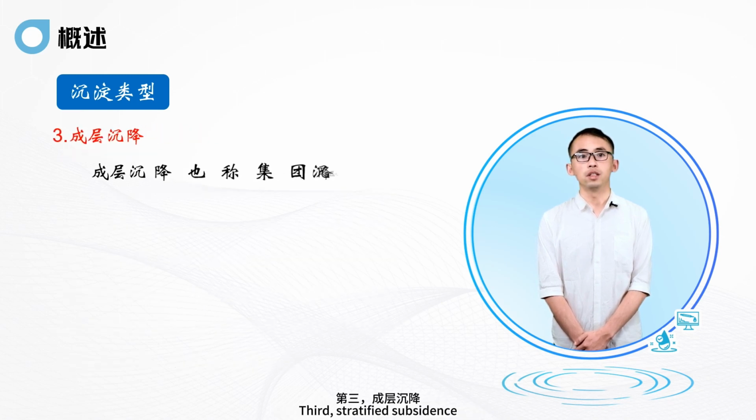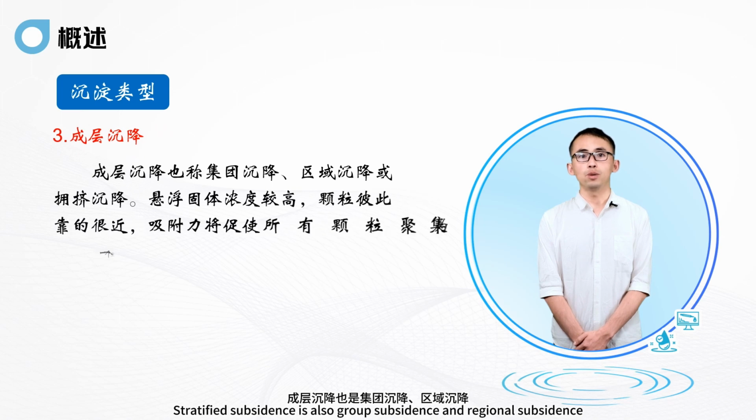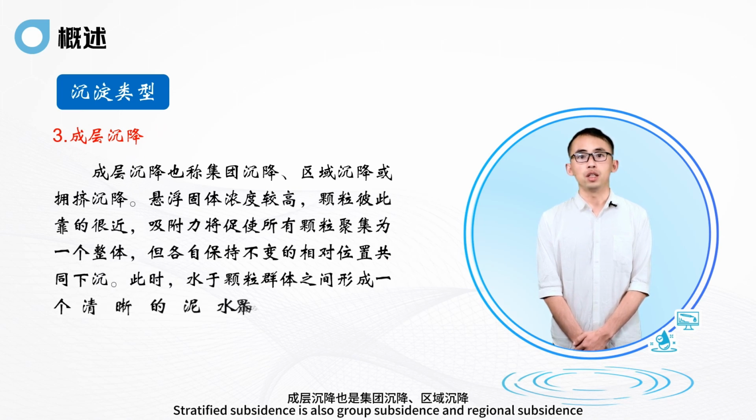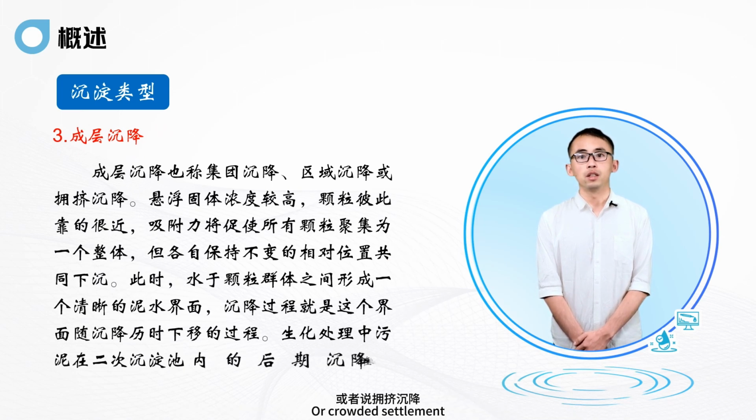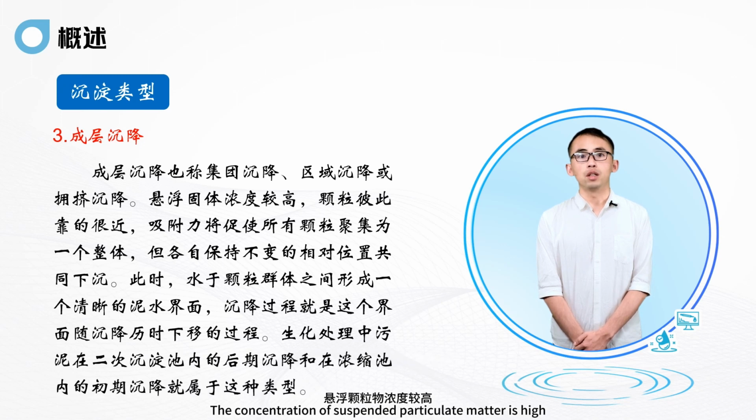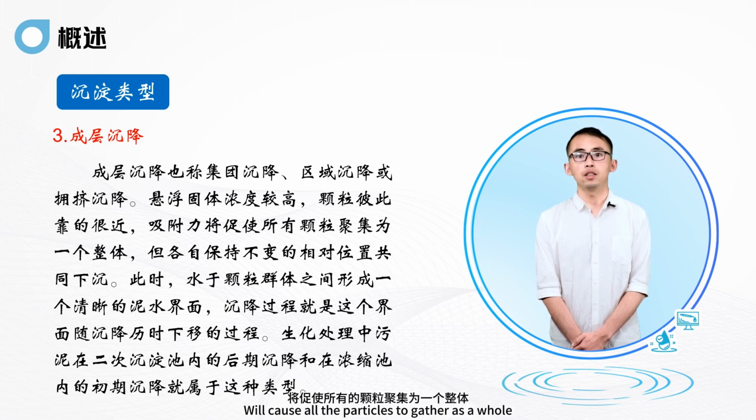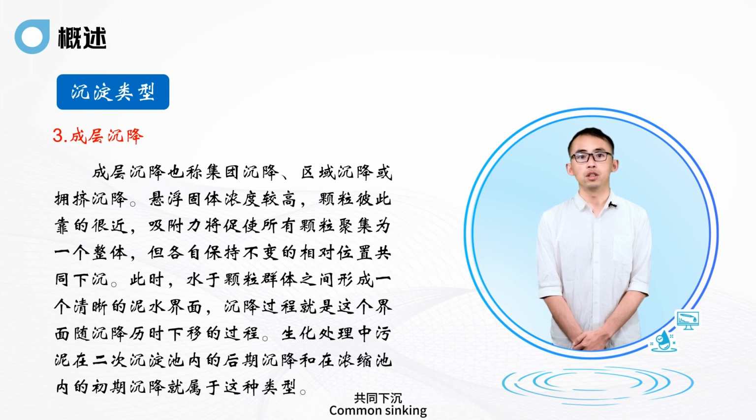Third, stratified subsidence. Stratified subsidence is also called group subsidence, regional subsidence, or crowded settlement. The concentration of suspended particulate matter is high. The particles are closer to each other. Then the adsorption force will cause all the particles to gather as a whole, but each remains in the same relative position. They sink together.